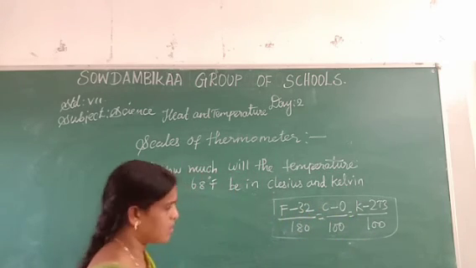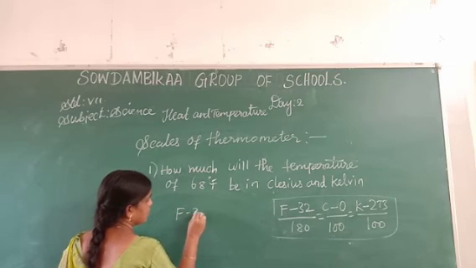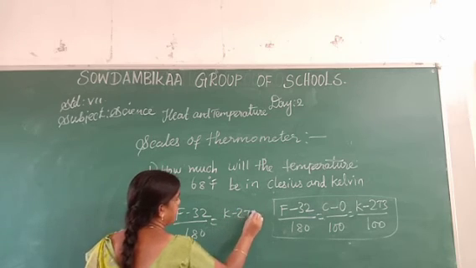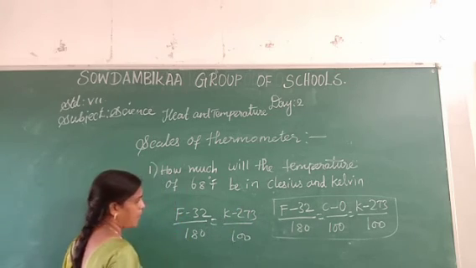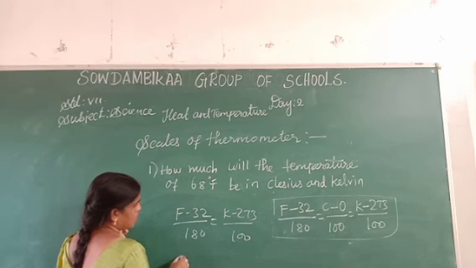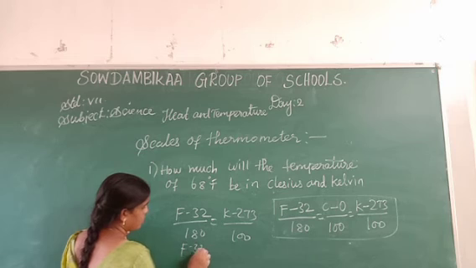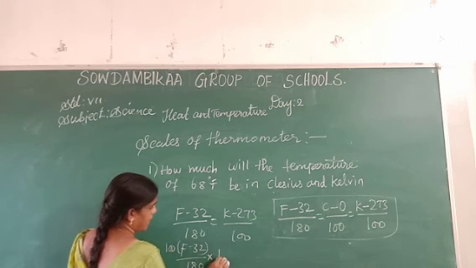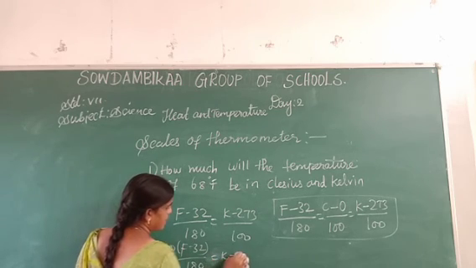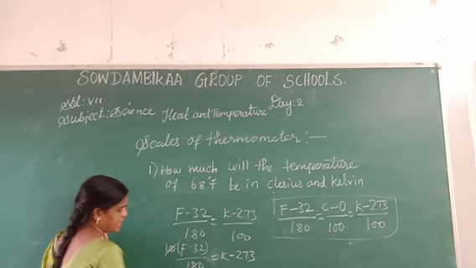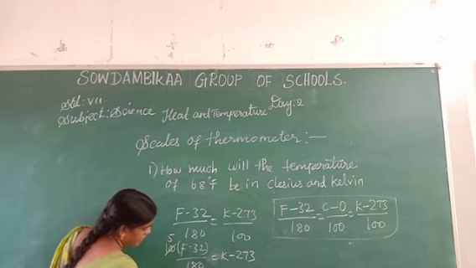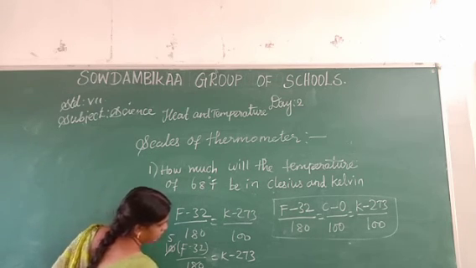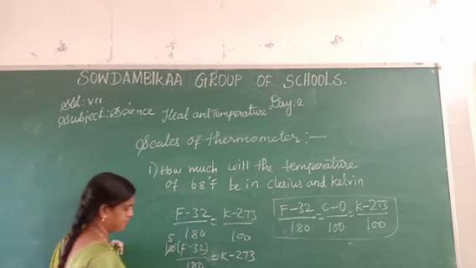Next, F minus 32 divided by 180 equals K minus 273 divided by 100. So F minus 32 by 180 into 100 equals K minus 273. Cancel, and it becomes 5 times F minus 32 by 9 equals K minus 273.